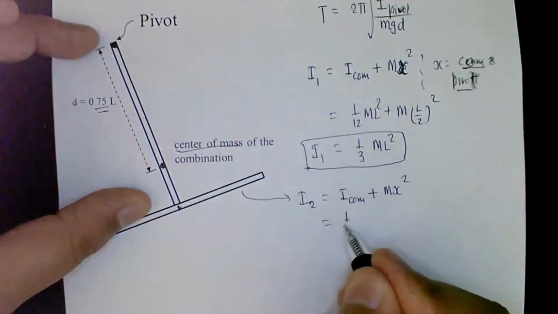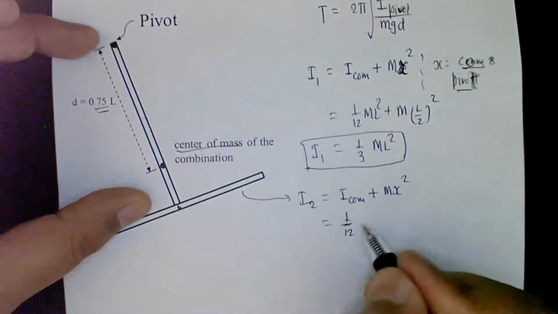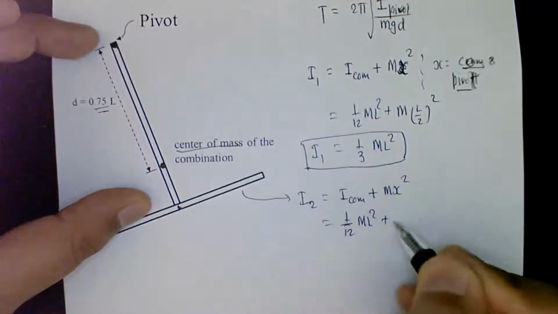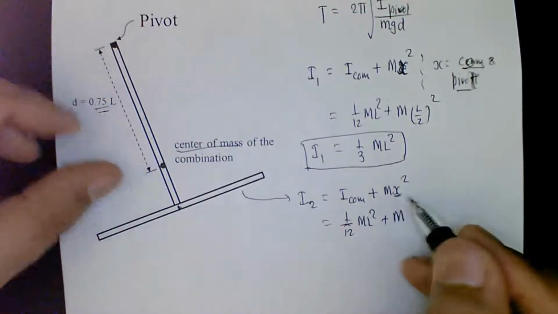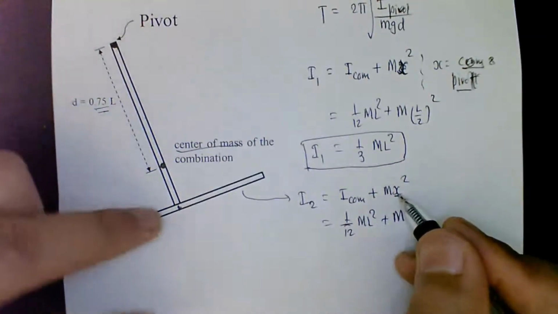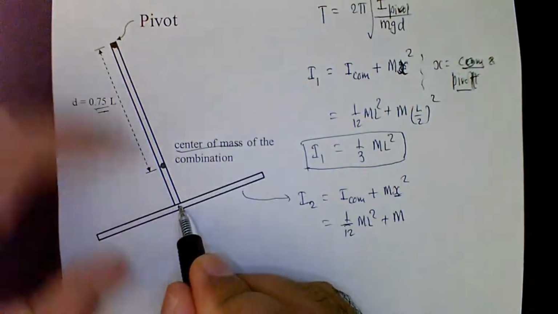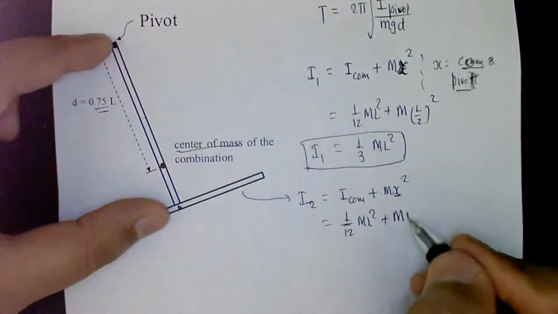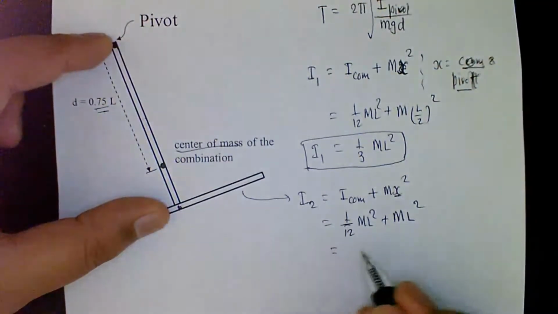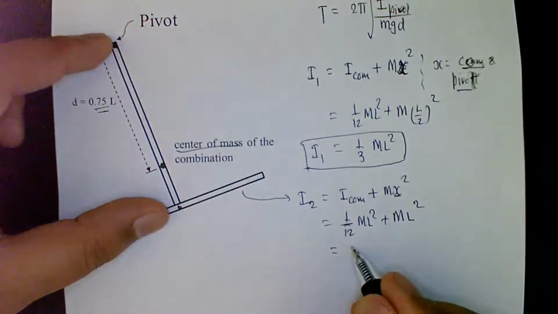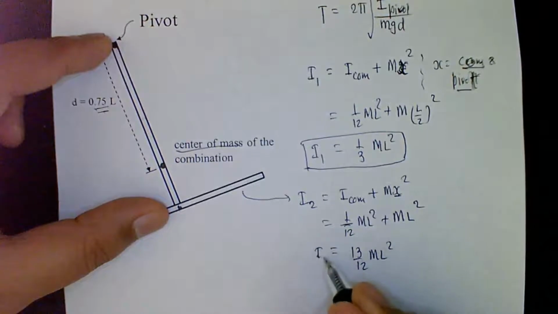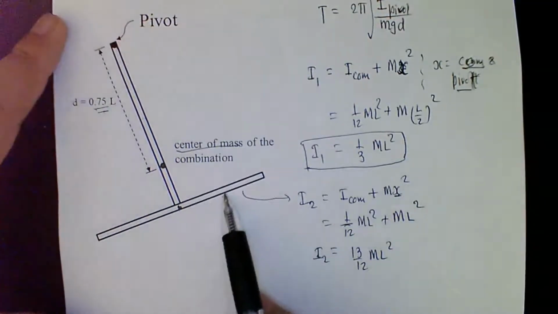So this is 1/12 m L square plus m, where x is the distance between the center of mass for the second rod and the pivot point, which is L. And then you get 13/12 m L square. That's I2, the moment of inertia of the second rod about this pivot point.